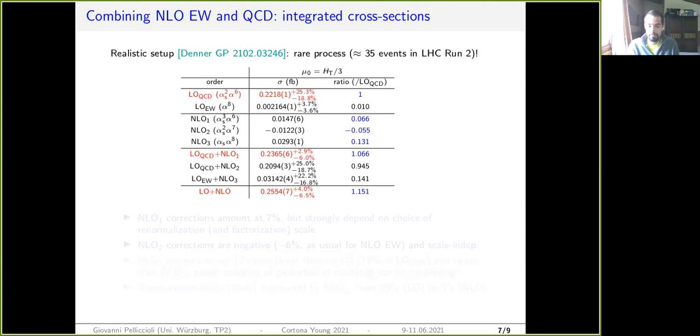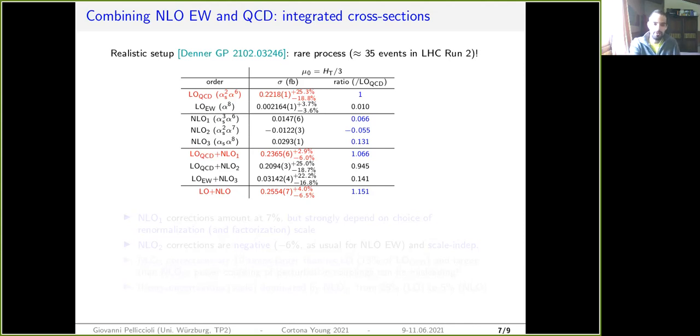This is a rare process because the cross-section, also at next to leading order, is of order 0.26 femtobarns. So at the LHC in Run 2 data, there should be around 35 events, which need to be extracted from all the rest of the backgrounds and so on and so forth. So this is not just these 35 events and nothing else.